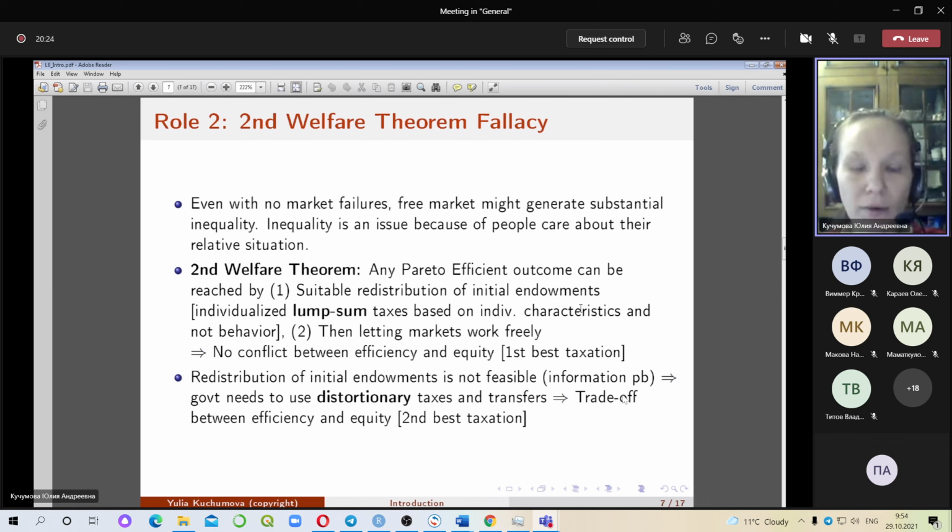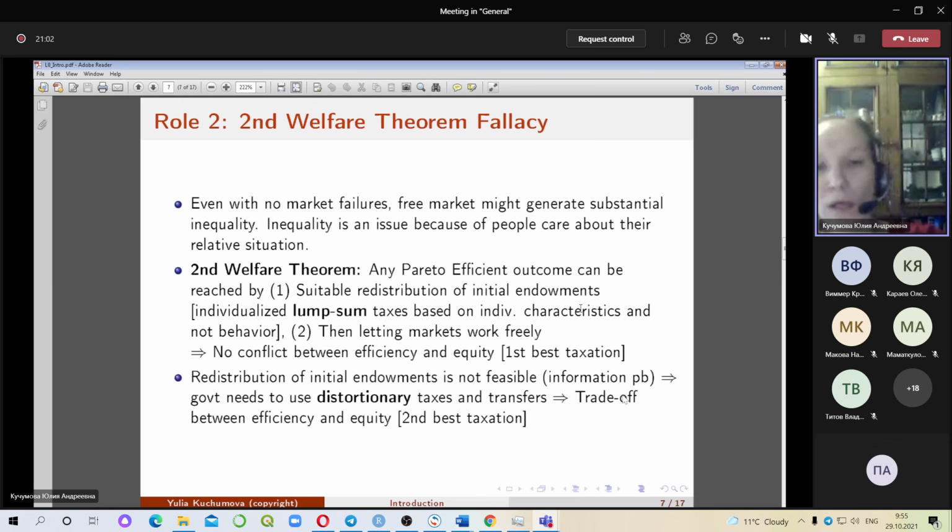But in real life, this is basically impossible, because the government uses distortionary instruments like real life taxes and transfers. So in order to improve equity, we will have to lose some efficiency.